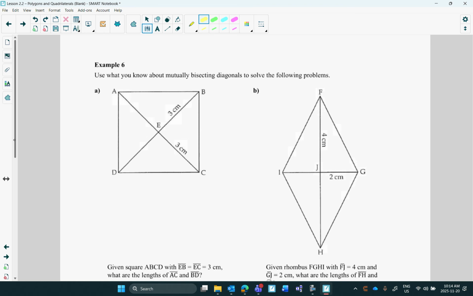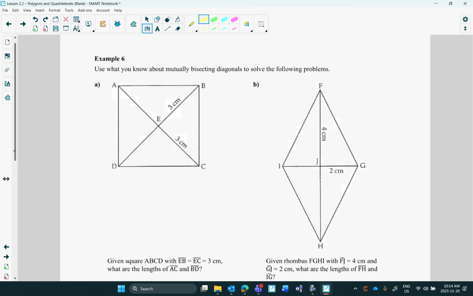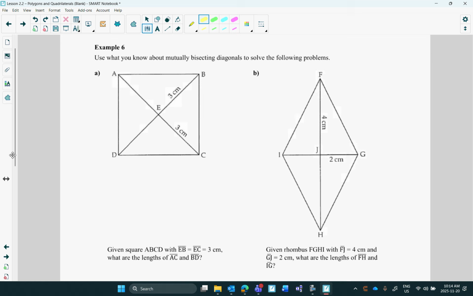Okay. In the first one, we have a square. We are told half the length of this diagonal and half the length of this diagonal. You are asked, what's the length of AC? What would it be?